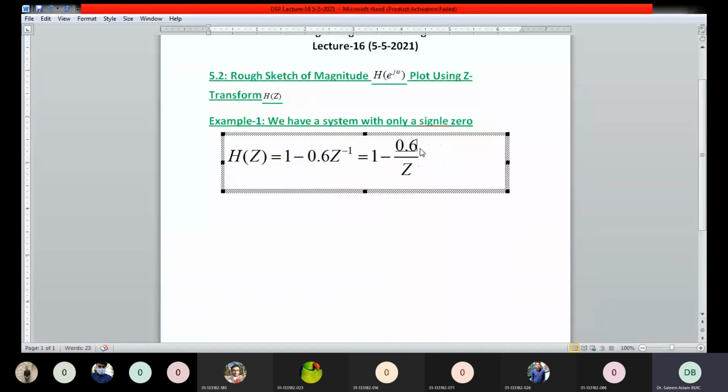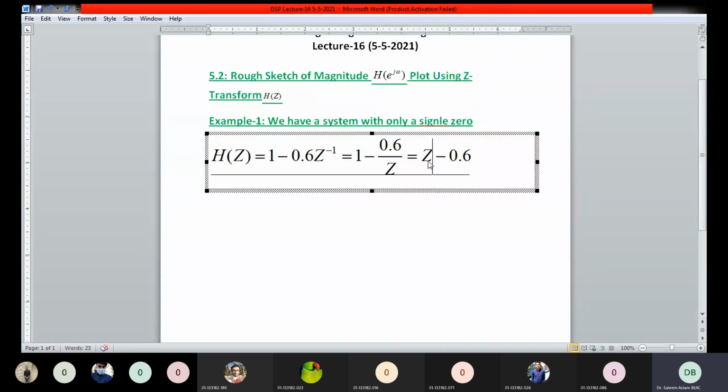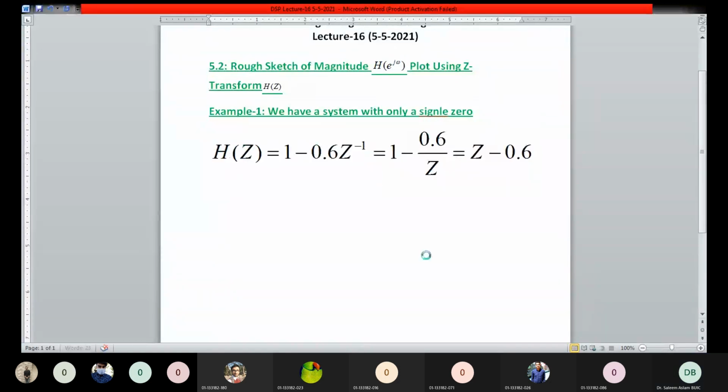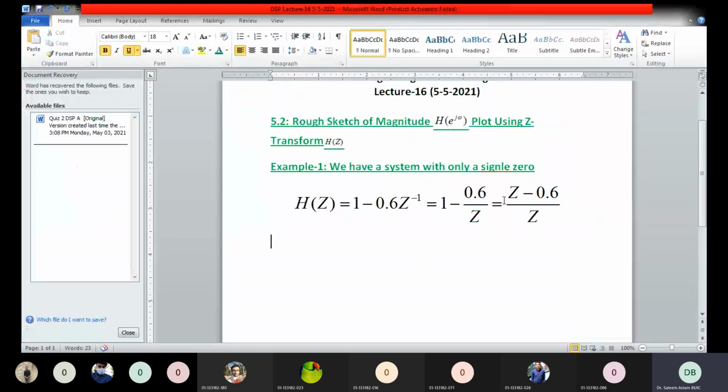Z inverse becomes 1 over z, and if you simplify this, you will have (z minus 0.6) over z, right? So we have one zero at 0.6 and one pole at z equal to 0.